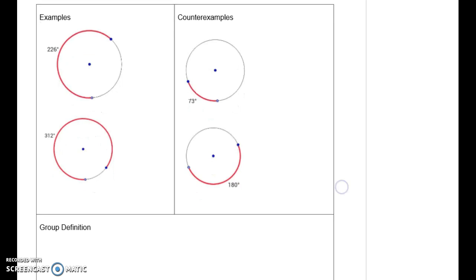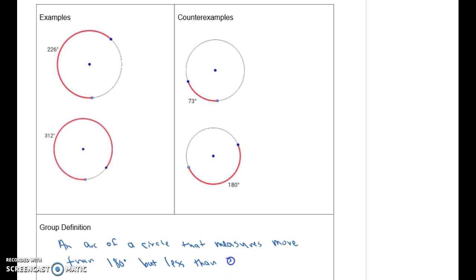A major arc is an arc of a circle that measures more than 180 degrees, but less than 360. 360 is one rotation around the circle, so essentially we're back where we started from. That's going to be our cutoff point for measuring arcs.